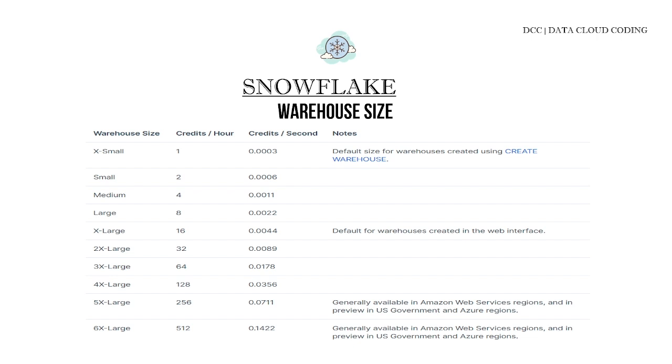That is, it goes from 1 credit per hour to 2 credits per hour. Similarly, for medium, it goes from 2 credits per hour to a total of 4 credits per hour. So we can see that there is an exponential growth in the credits per hour, and it is increasing in the double ranges. So that is how the credits per hour consumption is calculated inside Snowflake for various warehouse sizes.